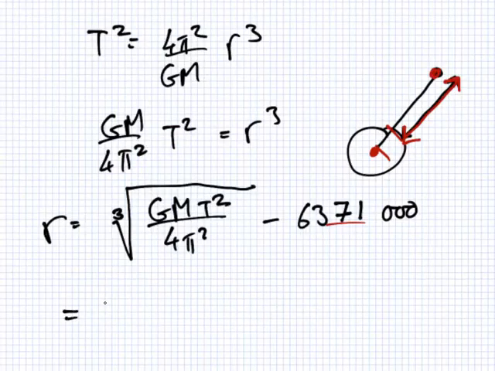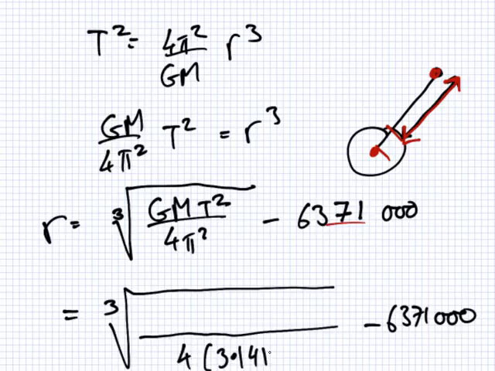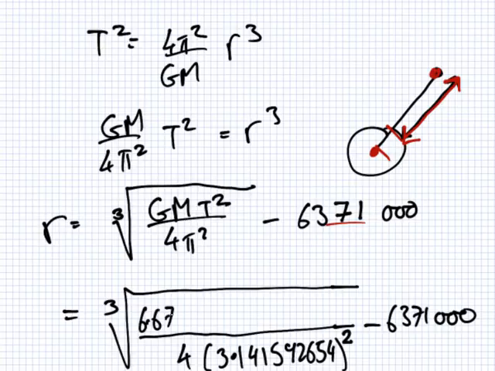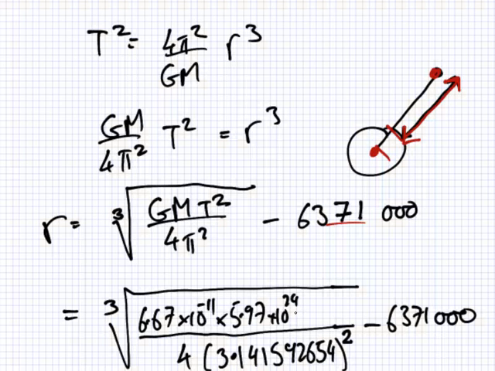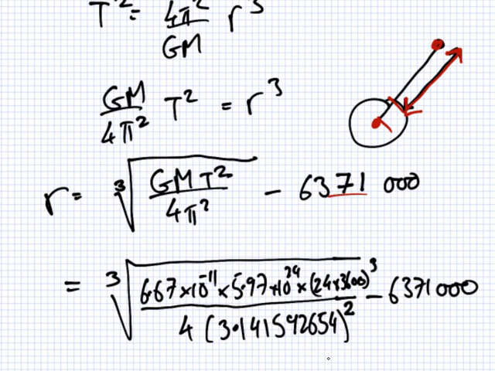So the answer will be cube root, all over 4 times 3.141592654 squared, and then 6.67 times 10 to the minus 11 times 5.97 times 10 to the 24, times, with a square here, 24 times 3,600, equals.